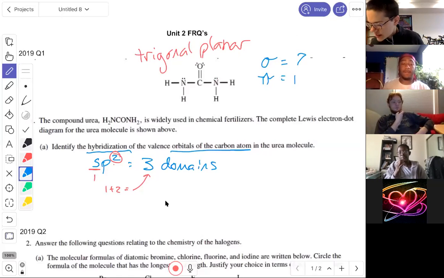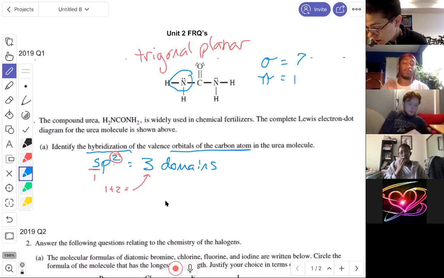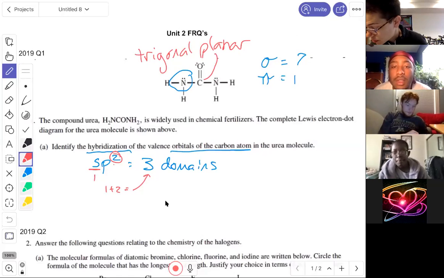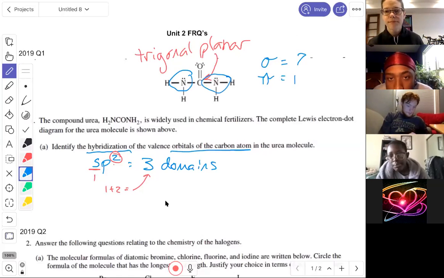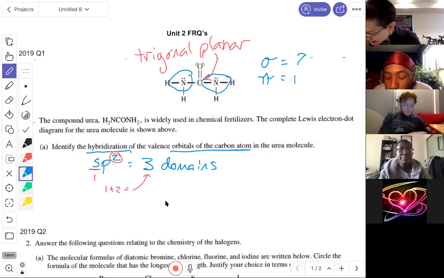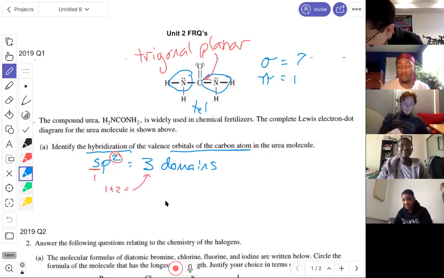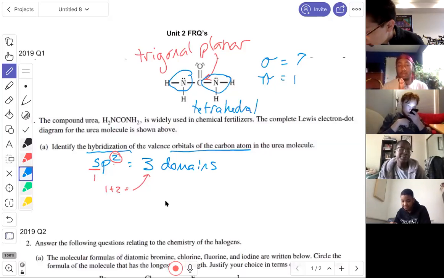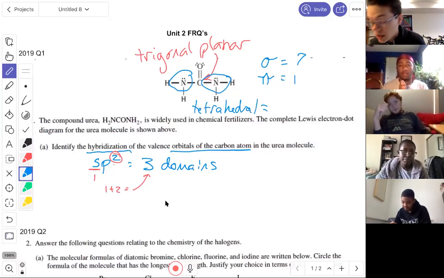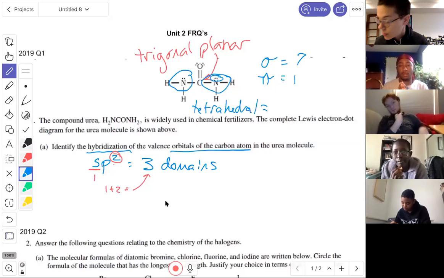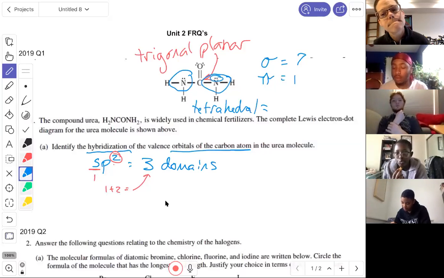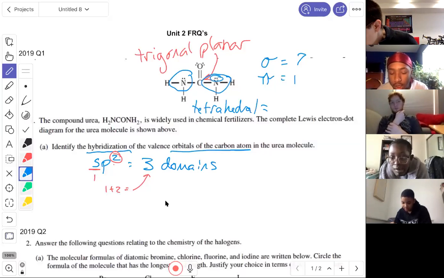So what would the geometry around the nitrogens be? The carbon is trigonal planar, but what about the nitrogens? Tetrahedral? Yes. Well, the whole thing is tetrahedral, but because of this lone pair, the shape is actually specifically what? Bent? Trigonal planar? I lied.